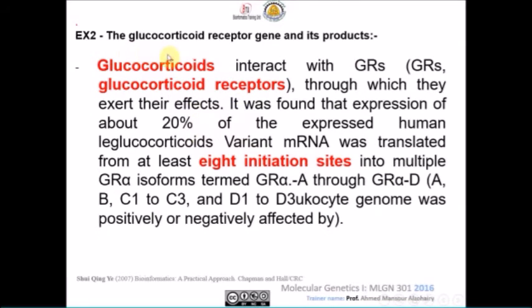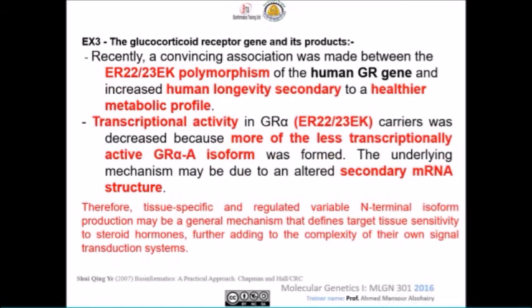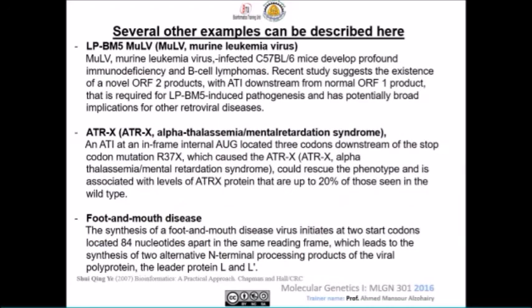There are, of course, many other examples like this receptor gene and its product, and many other genes in this regard, and you can read about the activity of those different genes.